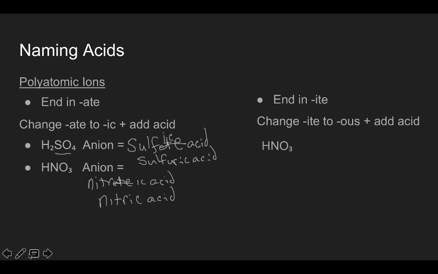So if I have HNO2, the anion there is nitrite. Then we take the ite, change it to ous, and add the word acid. So it's nitrous acid.